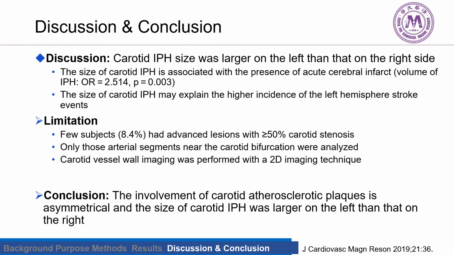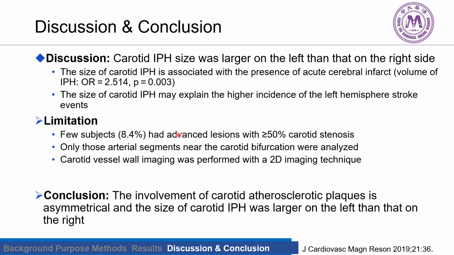Second, we found that carotid intraplaque hemorrhage size was larger on the left than on the right side. It's well evident that the size of carotid intraplaque hemorrhage is associated with the presence of acute cerebral infarct. So the differences in the size of carotid intraplaque hemorrhage may explain the higher incidence of left hemisphere stroke.